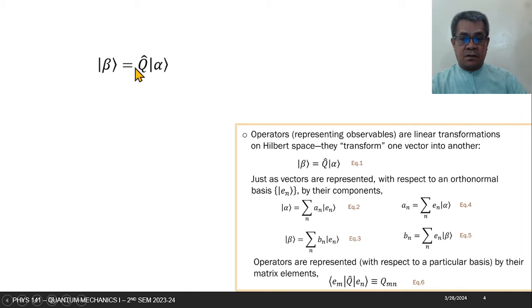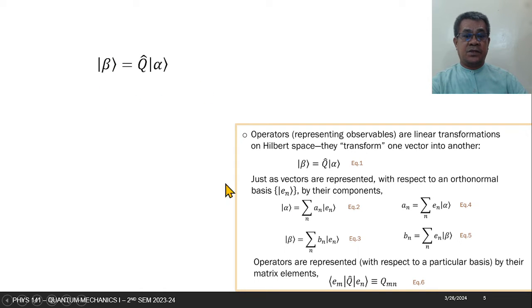So going back to the operator Q acting on alpha, which is equal to beta. This is just measuring the amount of the coefficients b_n with respect to the operator.